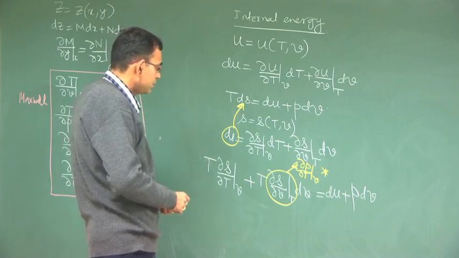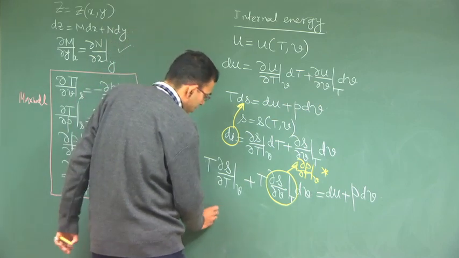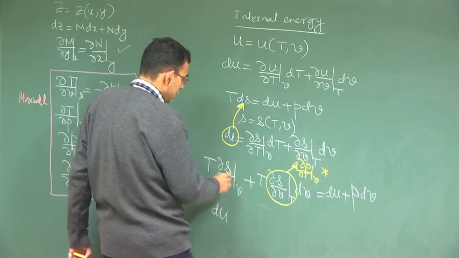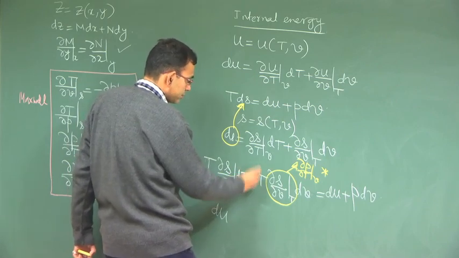Following that we can write dU, so this is dT, right.